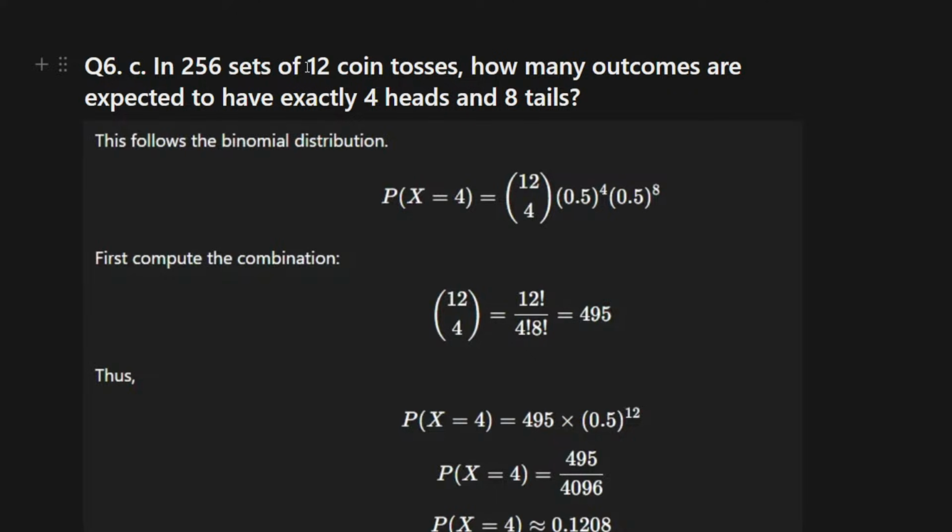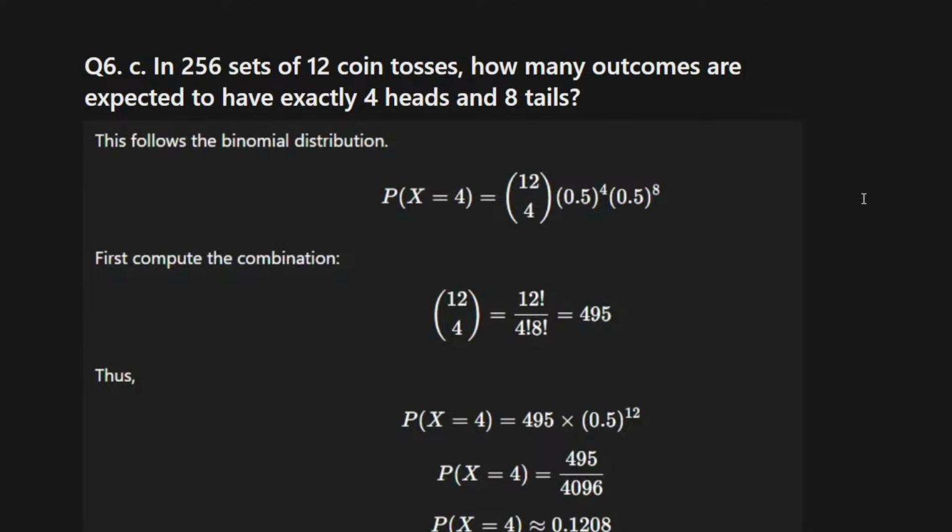In 256 sets of 12 coin tosses, how many outcomes are expected to have exactly 4 tails and 8 heads? You might not be aware of this distribution, but it is called the binomial distribution. Binomial distribution can be applied when there are two possible events.